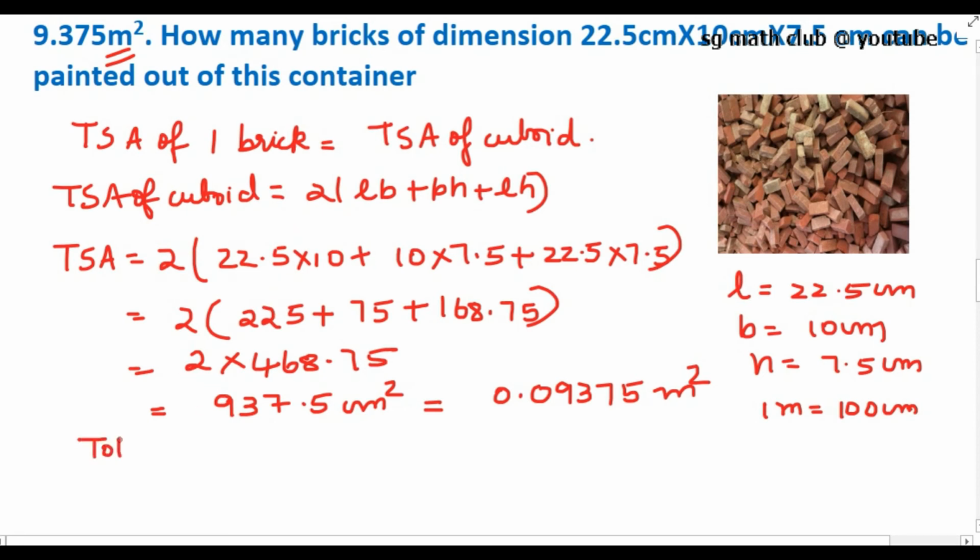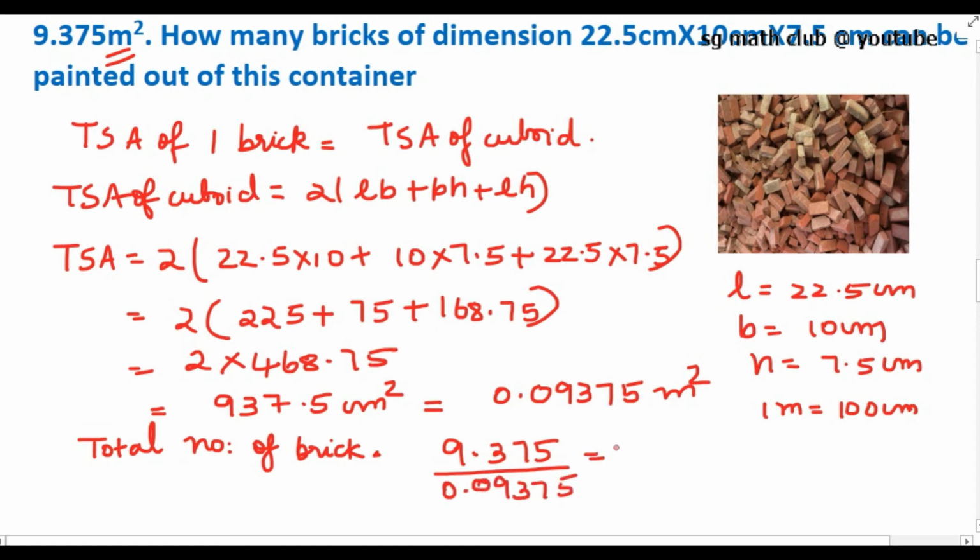And so how many bricks can you paint? The total number of bricks that can be painted using the quantity of paint they have given is equal to 9.375 divided by 0.09375. If a decimal is there in the denominator, we need to remove that.